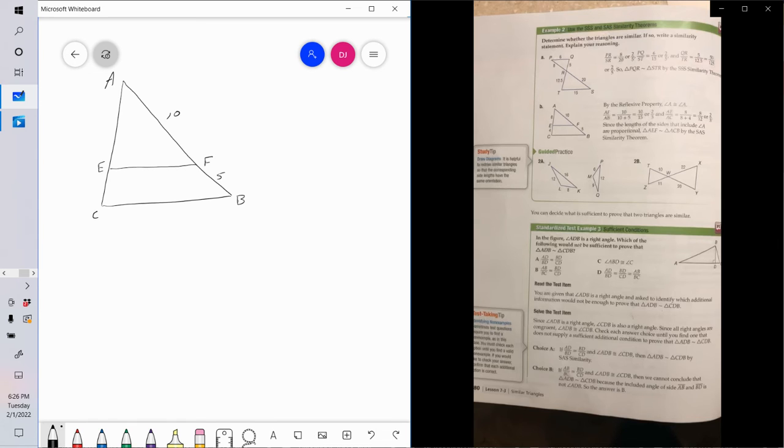AE is 8, EC is 4. Now, I want to compare this to these two triangles. The blue triangle, AEF, and the purple triangle, let's make it a red triangle, ACB.